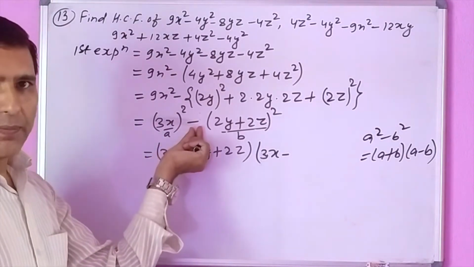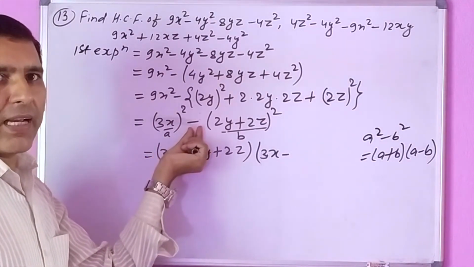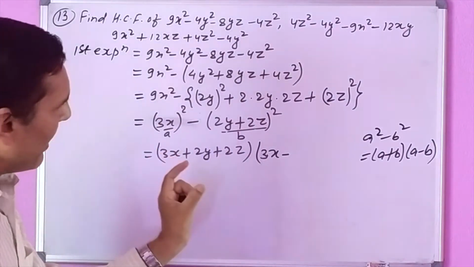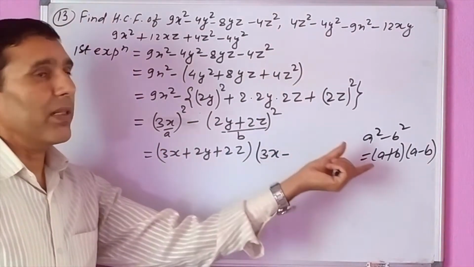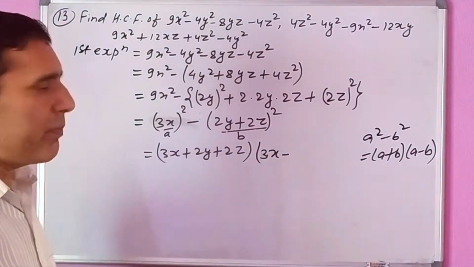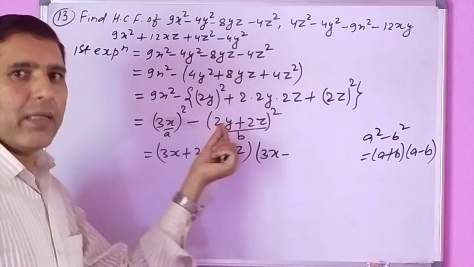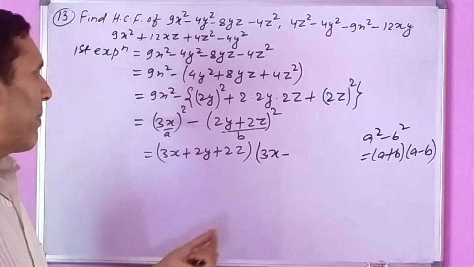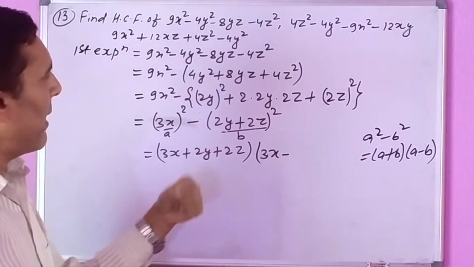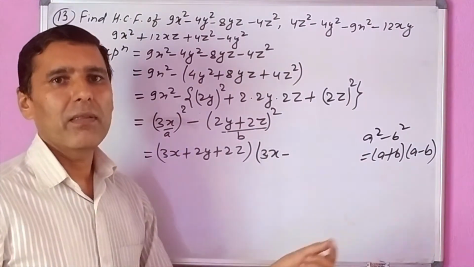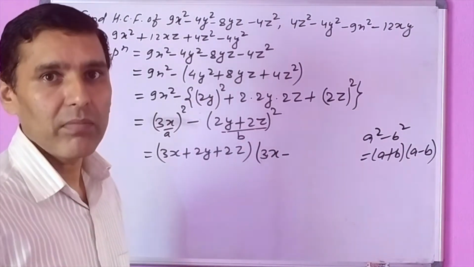So while writing a minus b, we have to open this bracket with this minus sign. Please don't forget, I am repeating it again. While writing a plus b, we suppose this sign is plus and open the bracket. While writing a minus b, we suppose this sign is minus and open the bracket. When the bracket is opened with a plus sign, there is no change in sign. When the bracket is opened with a minus sign, the sign of each term changes.